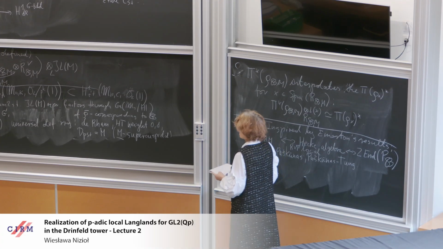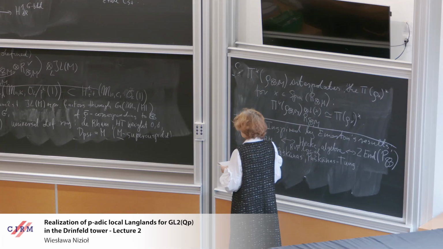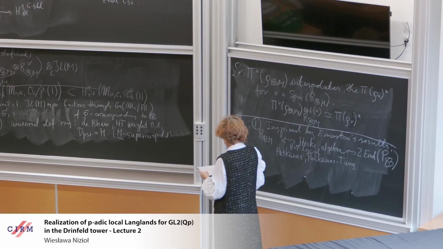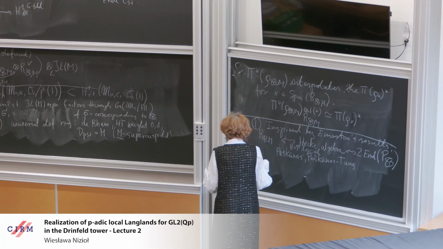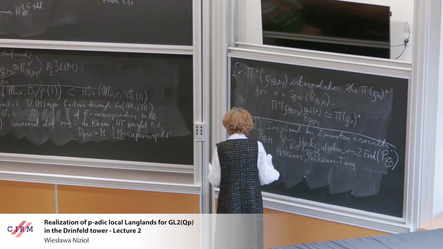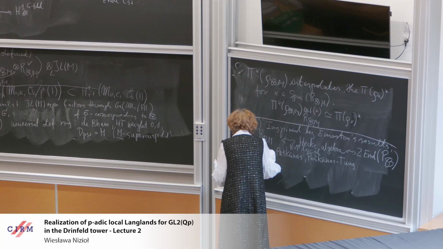Now these rings, the deformation rings, are basically constructed by Kisin. We have some other definition in this simple case, but I just want to mention how they behave.